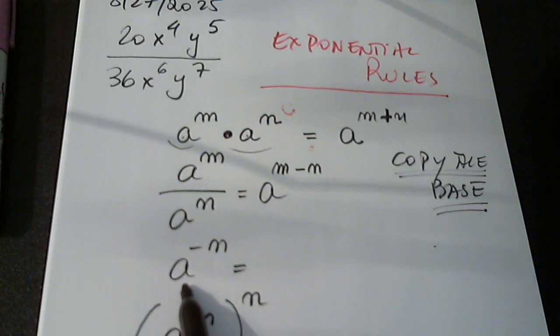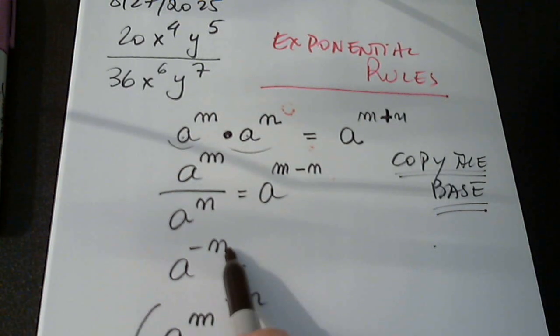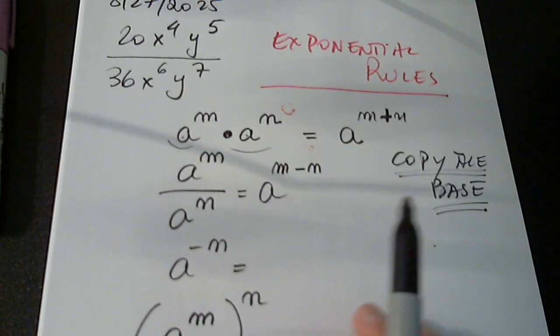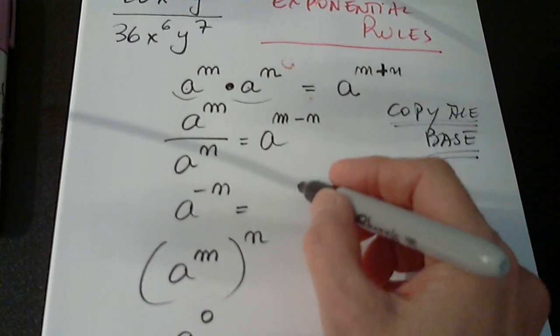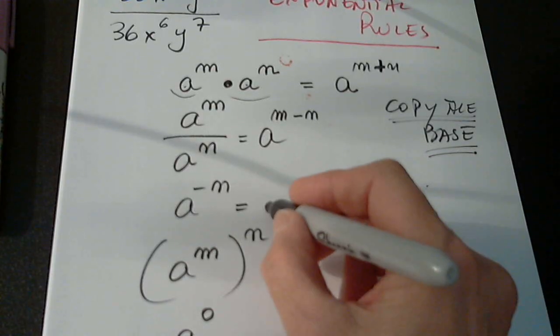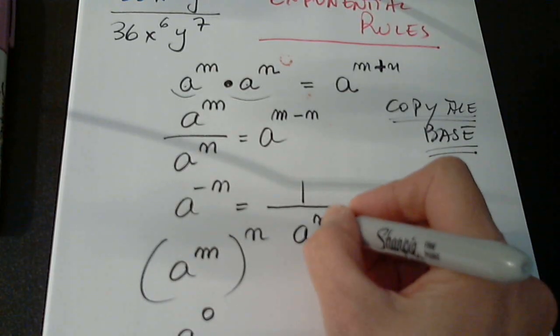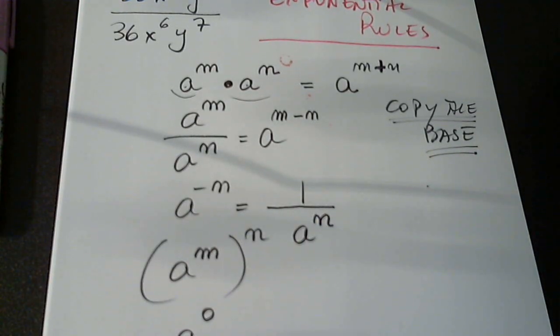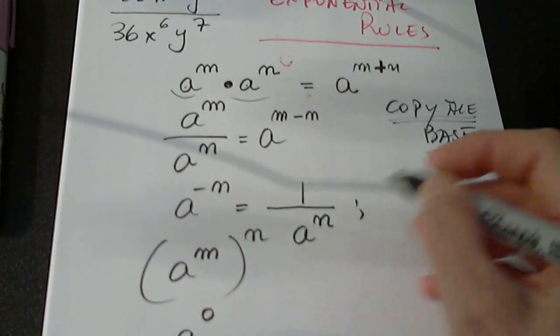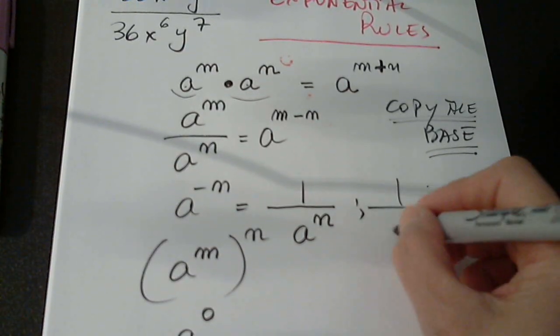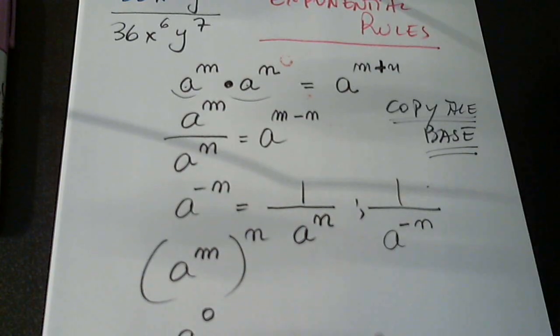What about this? Anyone remembers? A number raised to a negative power. There's no negative exponents in the final answer. So it's 1 over a to the positive exponent. So a to negative n is 1 over a to the nth power. What if I have 1 over a to negative n?